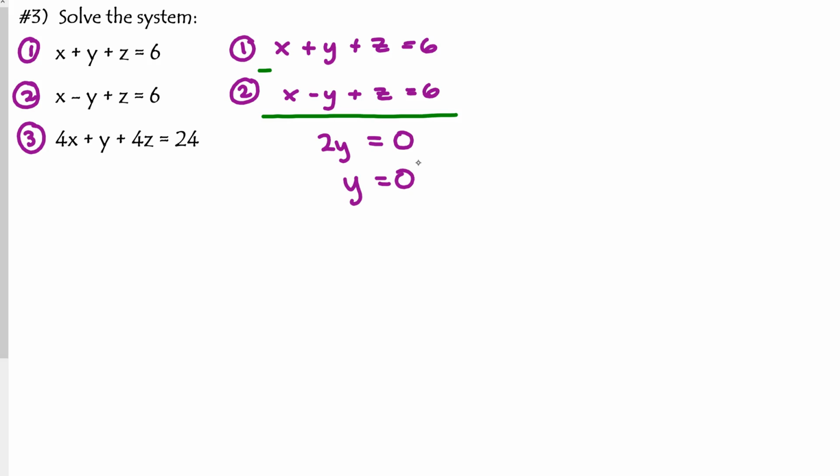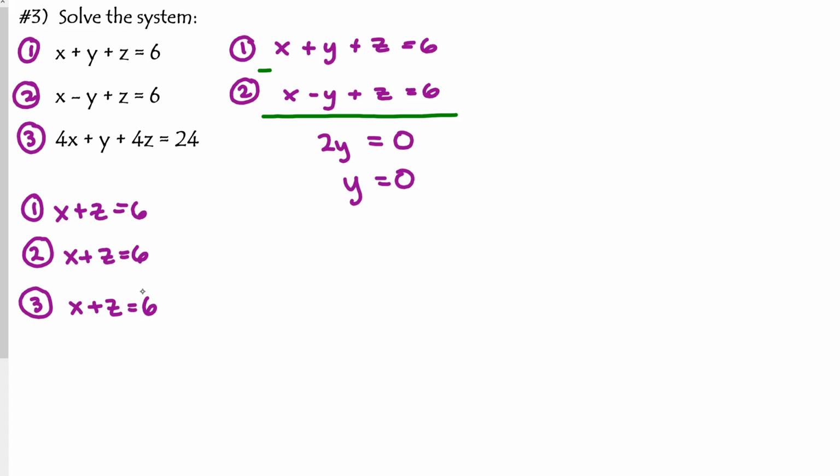Okay, so now let's go through and see if we can find the values of x and z. If we substitute 0 into our equations, equation 1 is now x plus z equals 6. Equation 2 is now x plus z equals 6. And equation 3, if I divide it by 4 and substitute 0 in for y, I get x plus z equals 6.